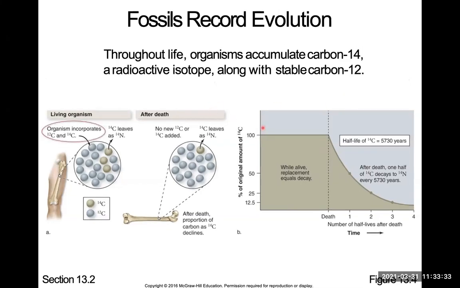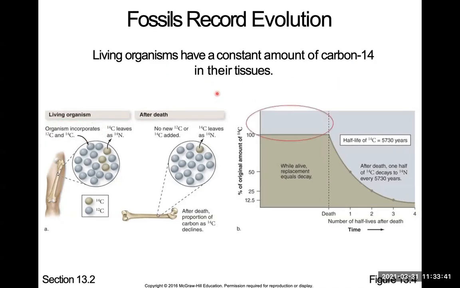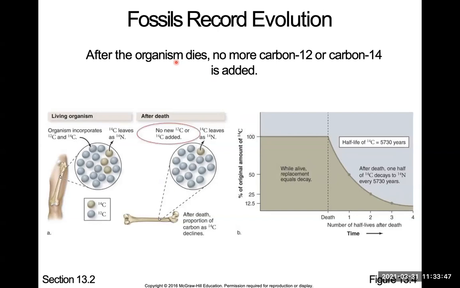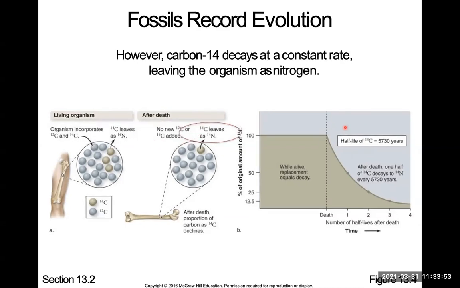So here it is written out for you. Organisms accumulate carbon-14, a radioactive isotope, along with carbon-12. Living organisms have a constant amount, which means it's 100% when you're living. After the organism dies, it starts to decline, because no carbon-14 is added. And then carbon-14 decays at a constant rate.